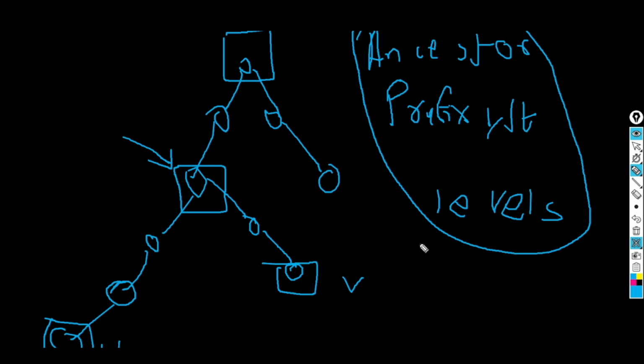Now comes the LCA. So this is at a level L1 and this is at a level L2, right? They are different levels, and we can easily find out the difference between the level of V and U by basically subtracting L2 from L1, right?